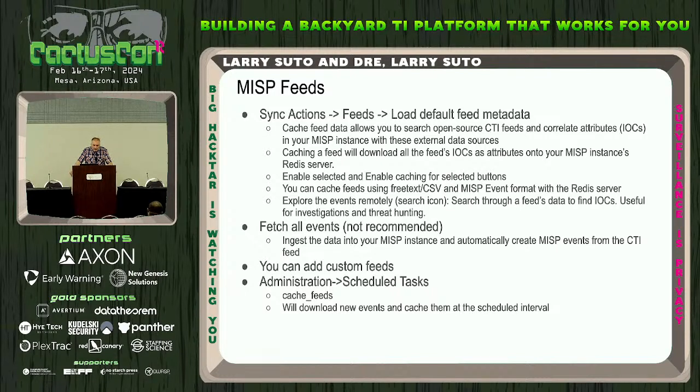So you can pull in a bunch of feeds into the cache, search the cache for IOCs and events that matter to you, and then only import those, or just search the feeds for correlations with the events you've actually created and loaded into your MISP instance. So it's a little bit about that. You can also create a scheduled task that periodically will go out and refresh your feed caches.